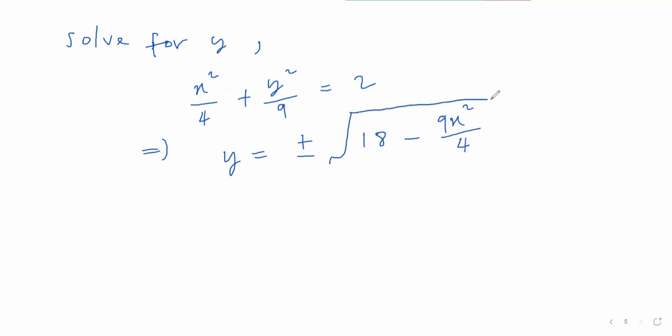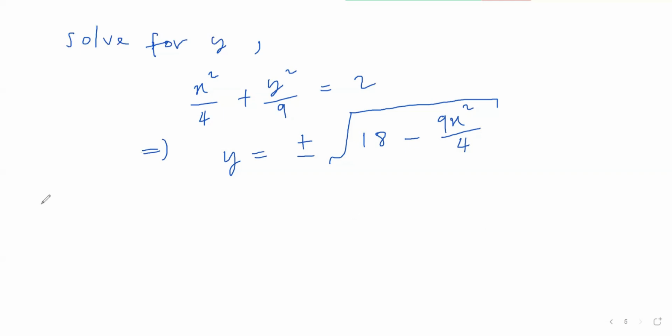So that's what you get. Obviously the plus minus shows you that you've got 2 values of y. For any x value, you will have 2 values of y.